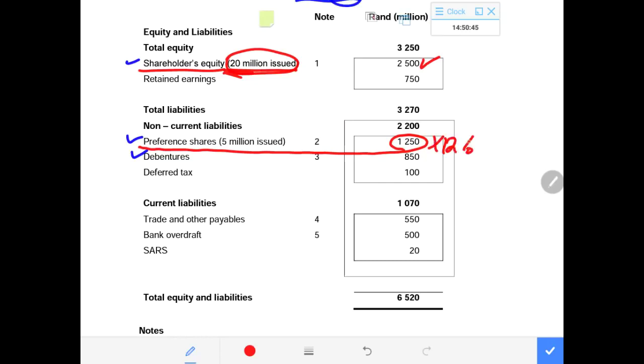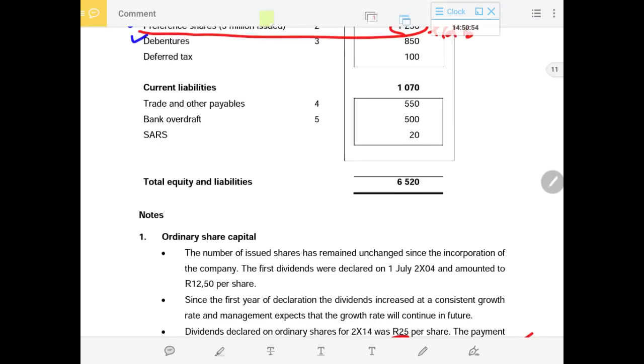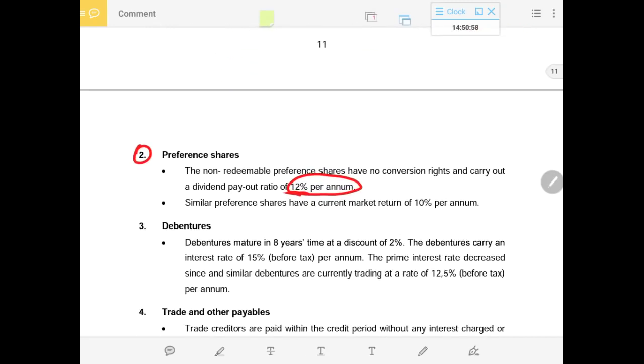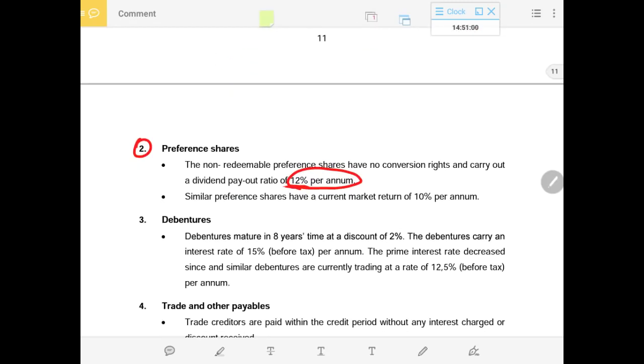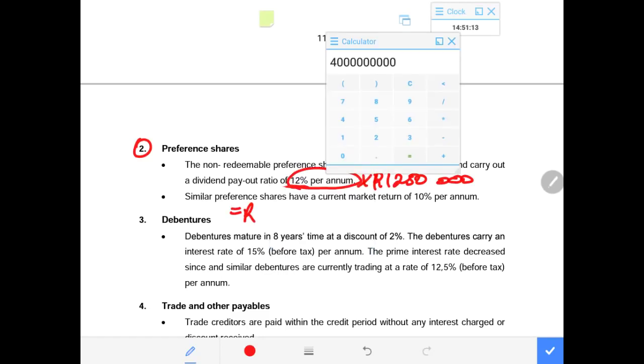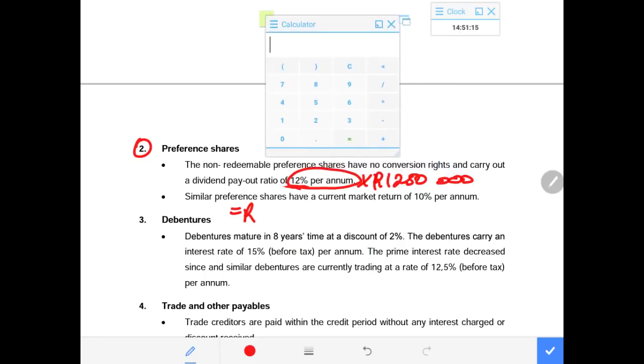So if we give them 12%, meaning 12% becomes dividends that are due to our preference shareholders out of that 1,250,000 rands. So now we have to multiply this by 0.12 to determine how much we are supposed to pay to our preference shareholders every end of the year.